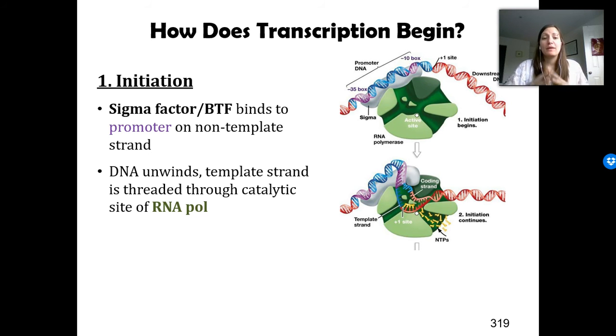So this DNA is being opened. And this active site, which you see down here, is where ribonucleotides are actively being put on and copying this DNA strand. And remember, it's copying the template strand because RNA polymerase can only move 5' to 3'.